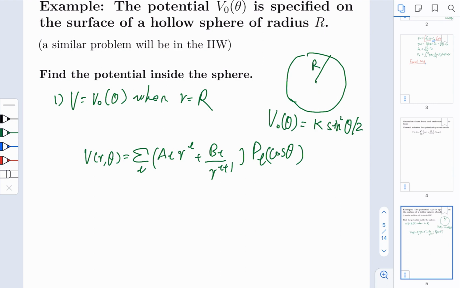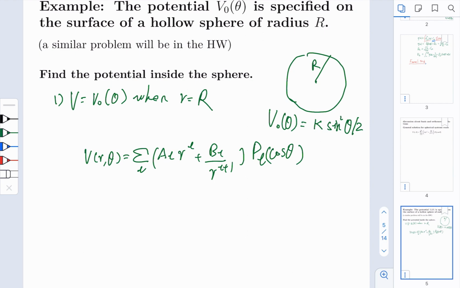Because you see that in Cartesian coordinates, we typically need to specify two boundary conditions, but here there is only one.